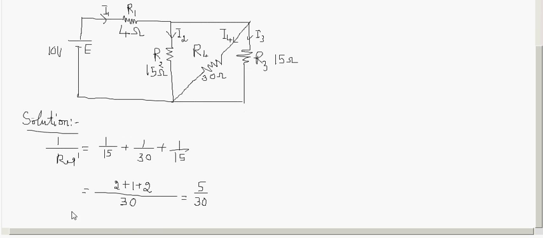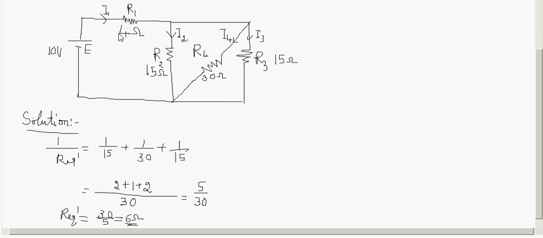R equivalent dash will be equal to 30 by 5, which is equal to 6 ohm. Now R2, R4, R3, this parallel combination of 6 ohm will be in series with 4 ohm.